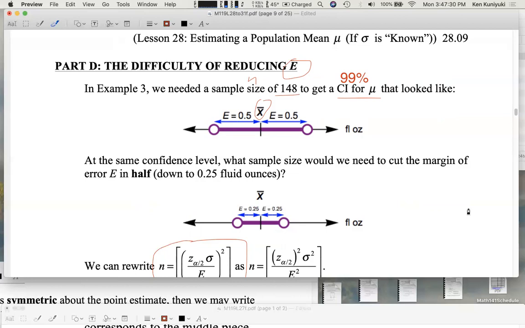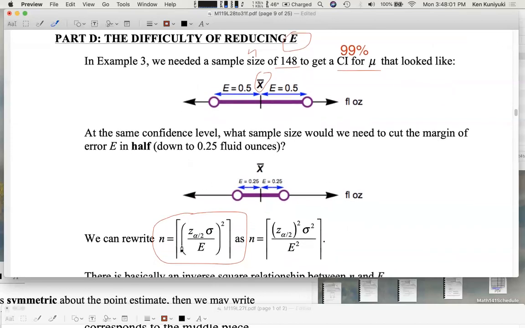Now, if your CEO just says that off the cuff, then your CEO may not have taken statistics or may not have done well in statistics because it's harder to reduce the margin of error than it looks. Even at the same confidence level, here, 99%, what sample size will we need to cut the margin of error, E, in half, down from 0.5 fluid ounces to 0.25 fluid ounces? That is from half a fluid ounce to a quarter of a fluid ounce.